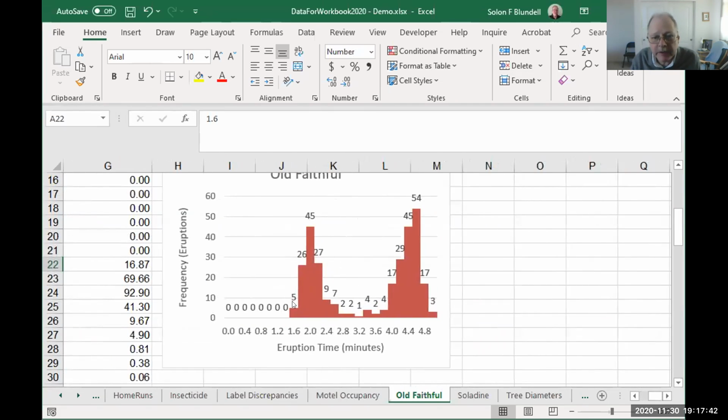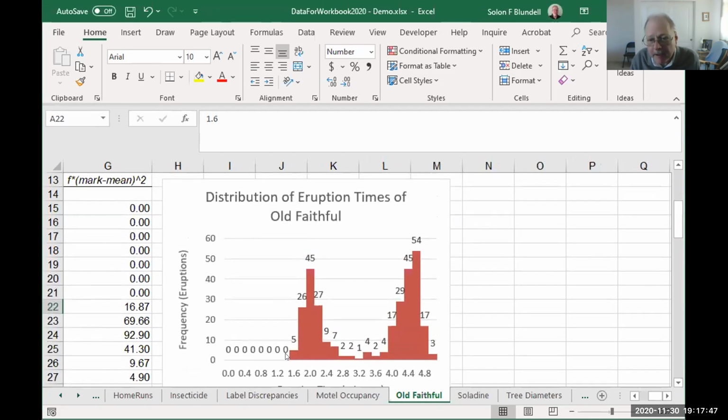You come over here to the graph, and it's a frequency histogram. And you can see there were these 2 types of eruptions. It's a bimodal distribution. And the mean, the average eruption, it's where the weight is equal on both sides. If you imagine this graph to be made out of some heavy material, made out of metal, there'd be a balance point.